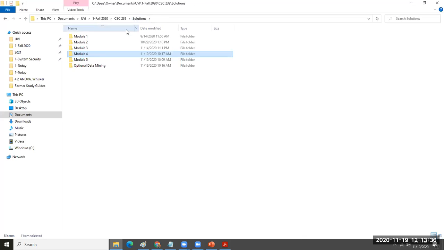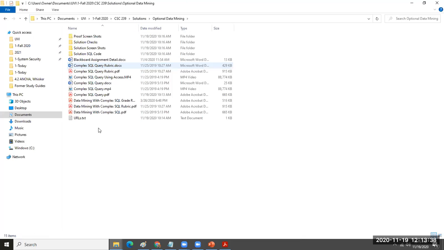Or you can continue with the Access database with the auction data. There's some data mining that you can do. Whenever we talk about data mining, we're talking about complex queries where you query the queries. You continue what we did for the solution in the last module.